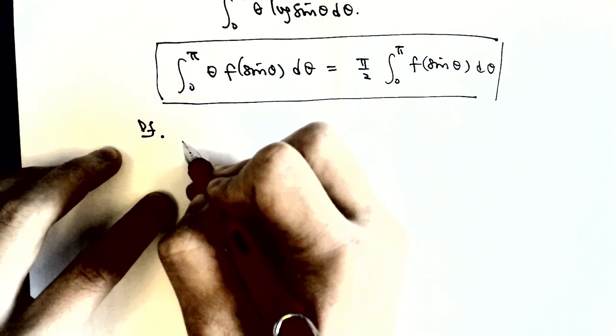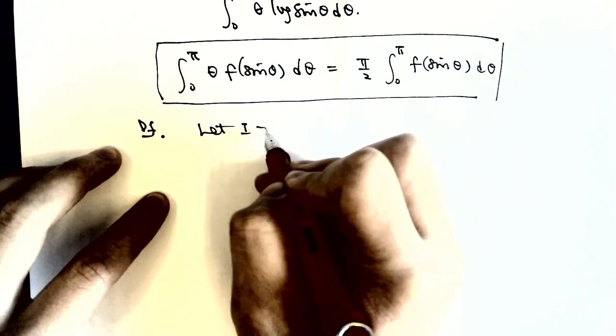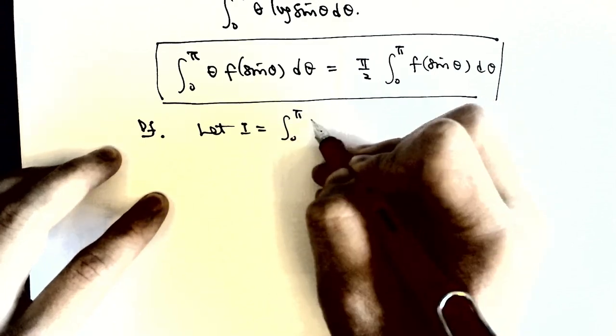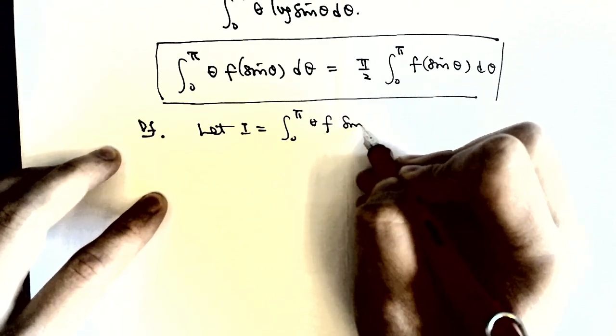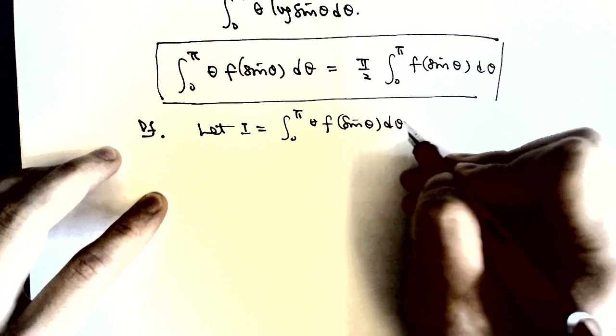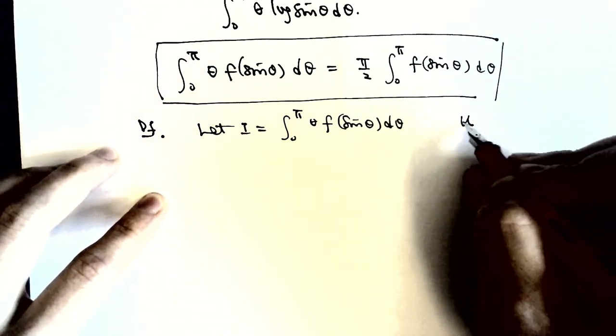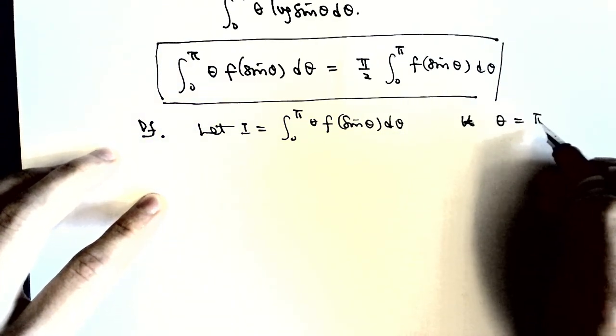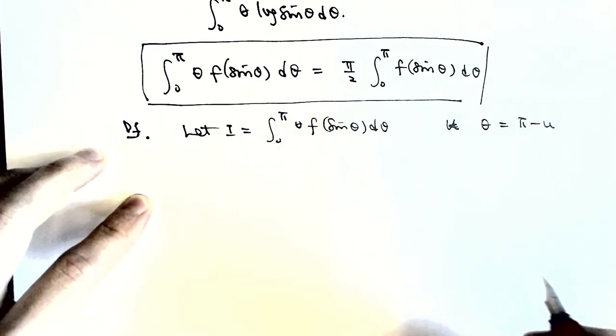Now we let the integral we want be I, and then we let theta be pi minus u.